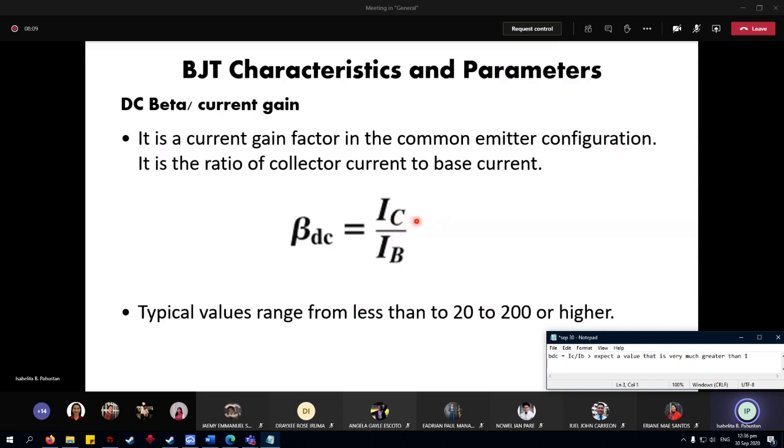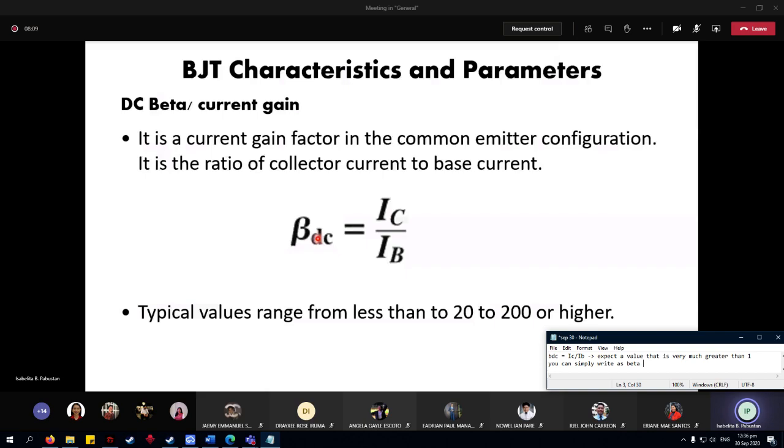Of course, if you have a number which is big and you divide it by a number which is small, that means your quantity, in this case the beta, will be a big value. You can also drop the DC. You could just simply write it as beta, that is okay.